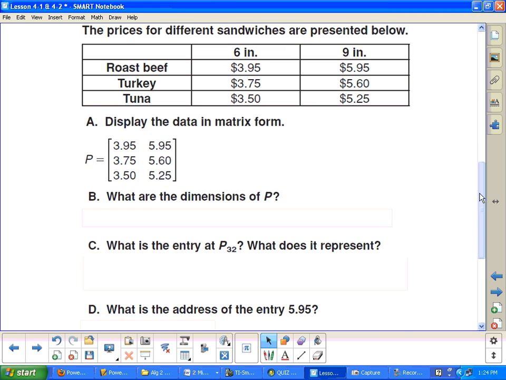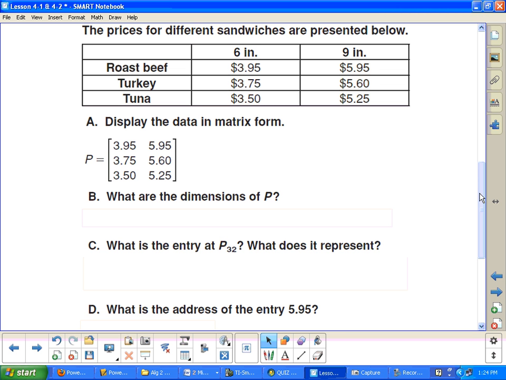So what are the dimensions of this matrix? The dimensions are how many rows by how many columns. So how many rows are there? Columns are up and down, rows go across.